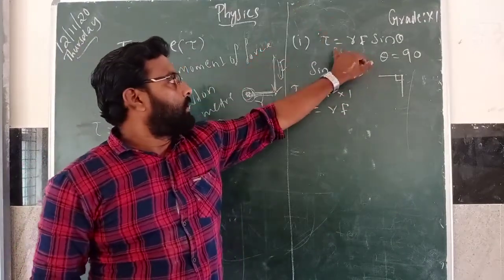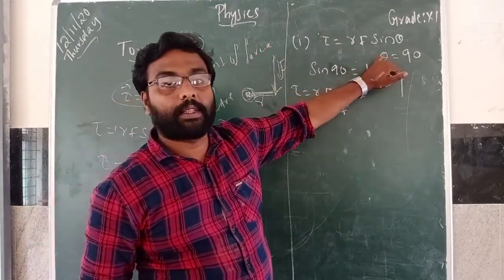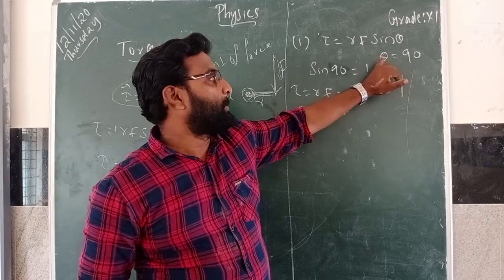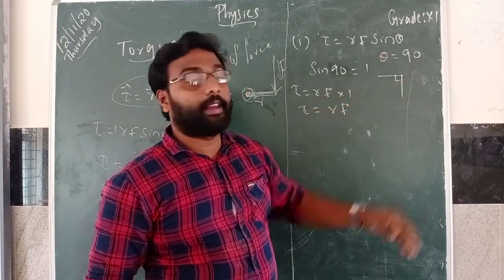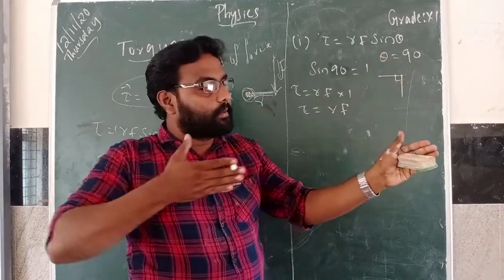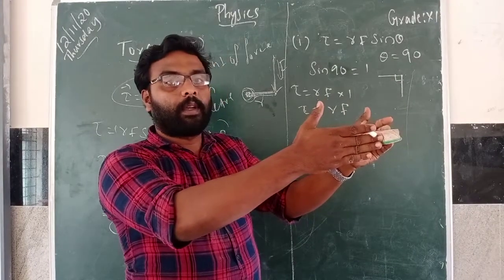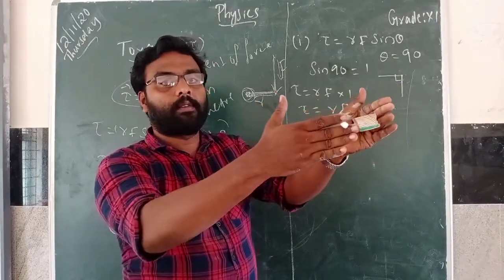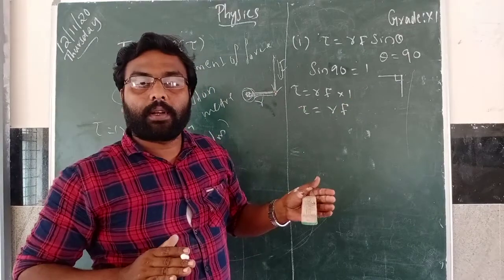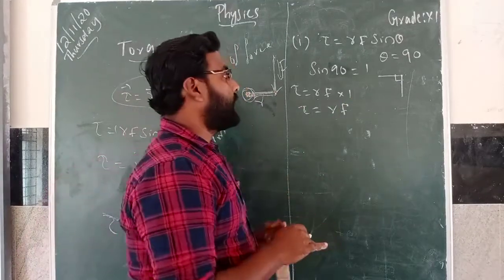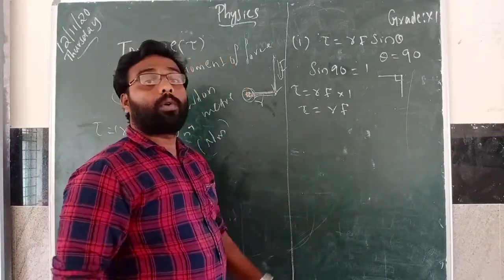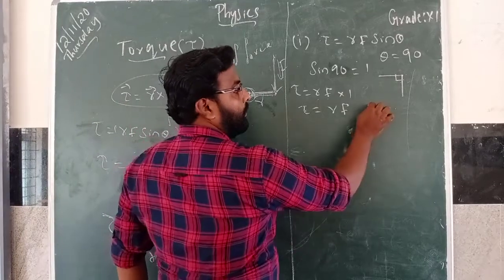Listen here. Torque formula is RF sin theta. First case, theta is 90 degree, like this: applied force and the position vector. The angle formed is 90 degree, which means torque will be maximum.